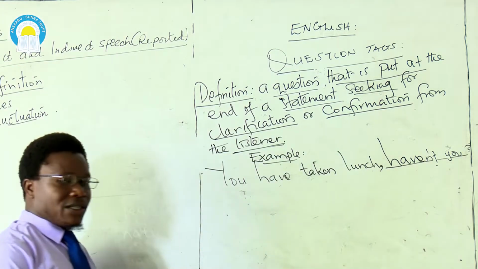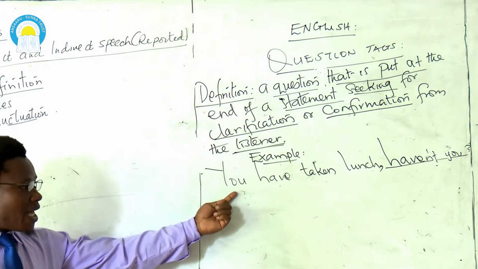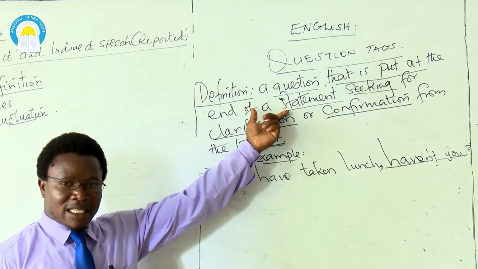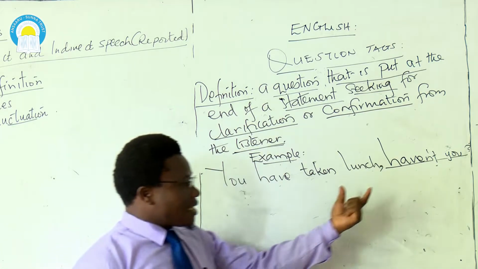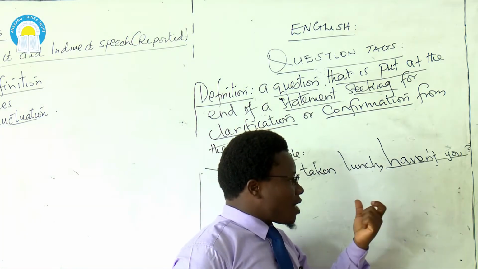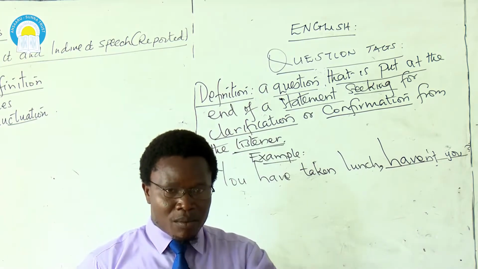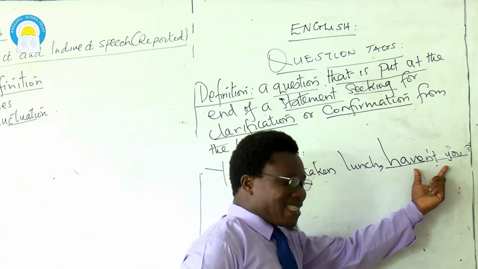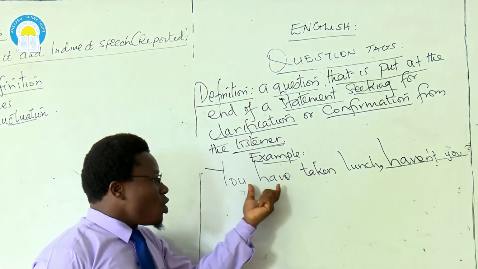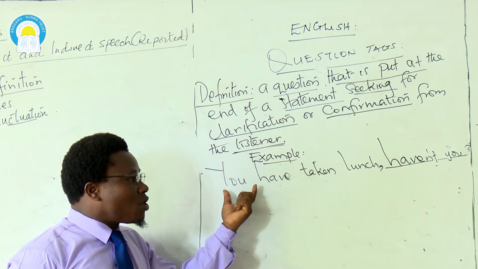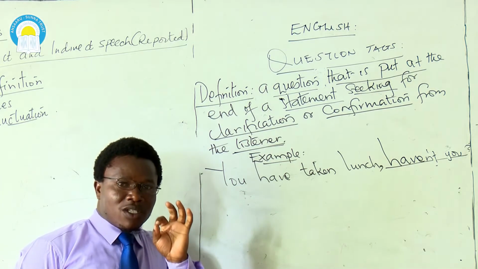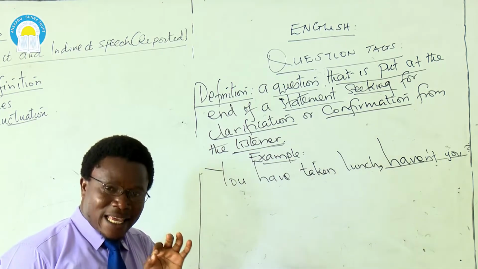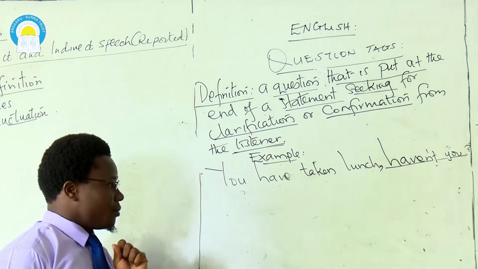In this sentence, you realize the first bit before the comma is treated as a statement. The second bit immediately after the comma has come in the form of a question. This question is seeking confirmation from whoever was asked, to find out if this person had taken lunch or not.